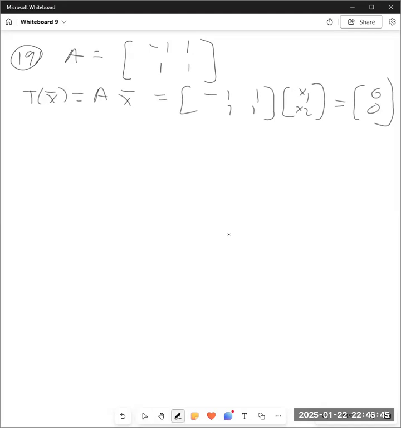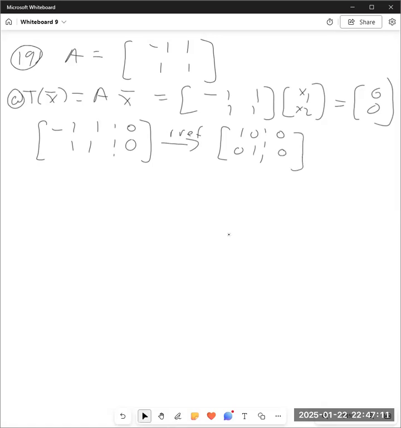Well, one way to get that is to take [-1, 1; 1, 1] and augment that matrix with 0, 0, then RREF that, and we get [1, 0, 0; 0, 1, 0], like that.